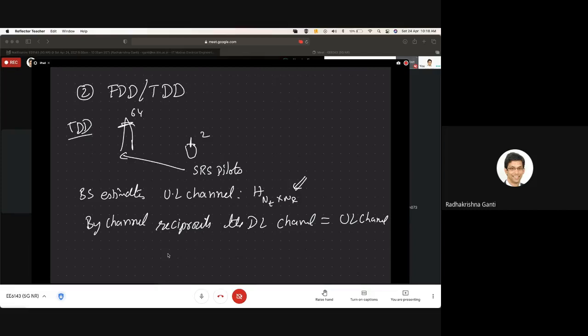The main reason is that the uplink pilots can be used to estimate the downlink channel, where you push in a lot of data. There's no specific channel feedback that is required. Is it clear?